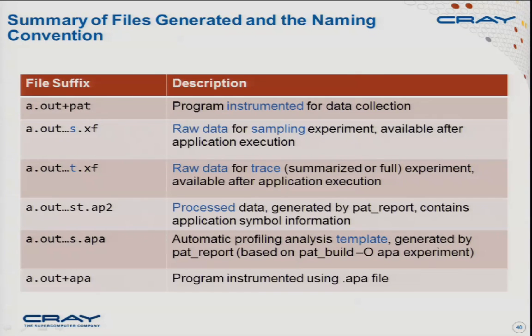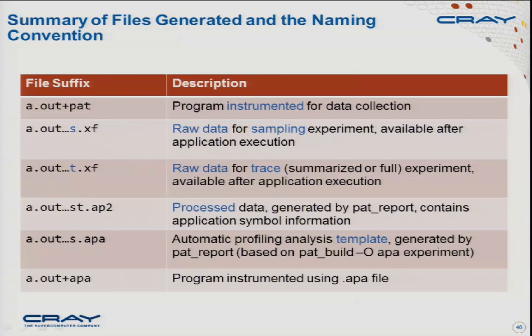And this is the executable, when you are running pat_build on top using the APA file. And then, as I said before, if you run this, it will produce another XF file, and on top of it, pat_report will give you the new output using instrumentation, tracing. So all these files are output of pat_report and pat_build.